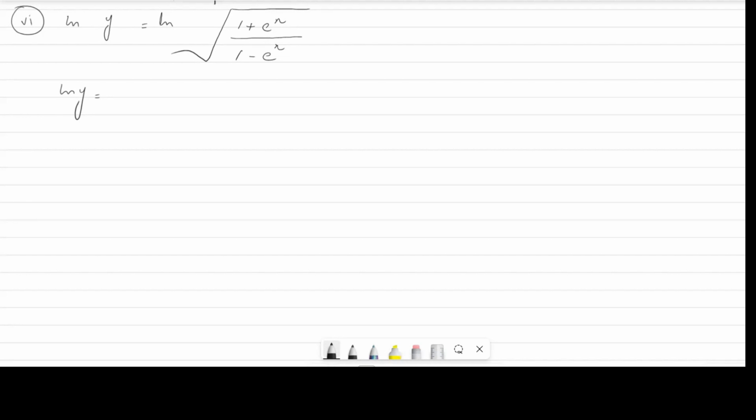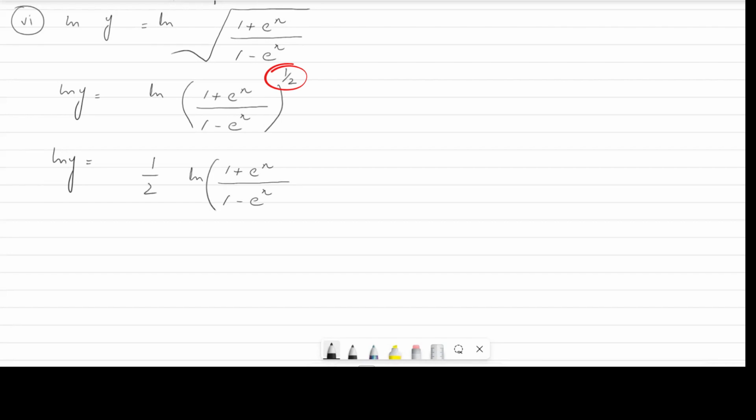This whole under root can be written as 1 upon 2, and ln y is equal to, and this power is coming out of this ln, so ln y is equal to 1 upon 2 ln 1 plus e of x. This division is converted into negative ln 1 minus e raised to the power x.